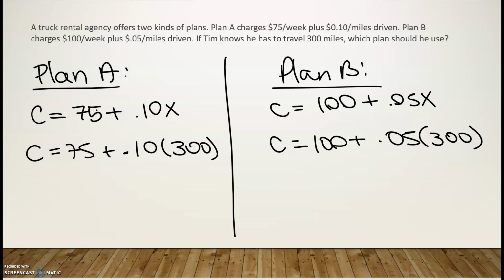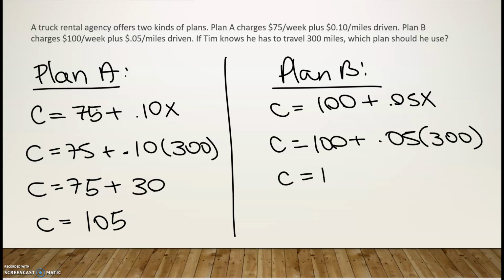So this would be 75 plus, this would be 30. So this would give us 105. And over here, C equals 100 plus, this would be 15. So this would be 115. Okay, so between the two, looks like Plan A would be cheaper.